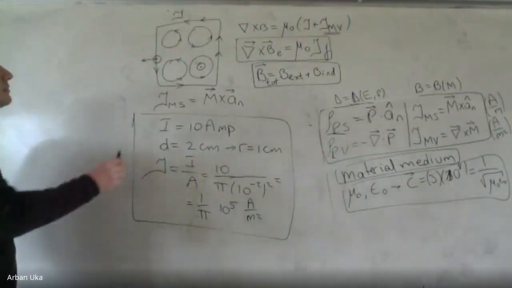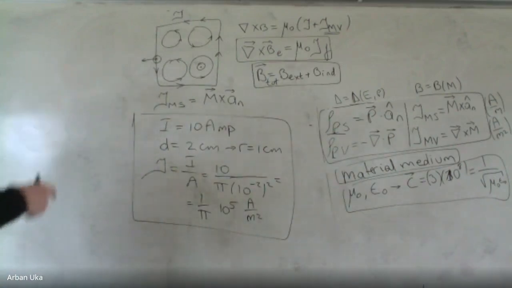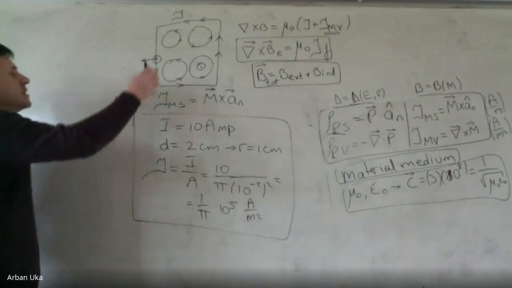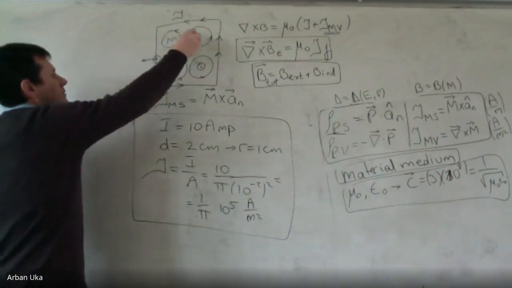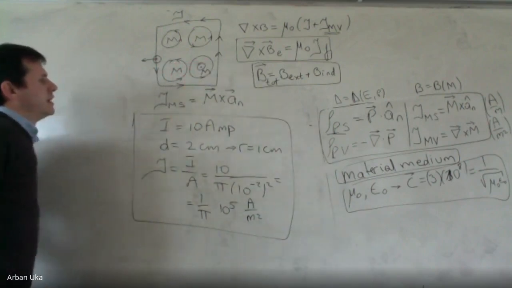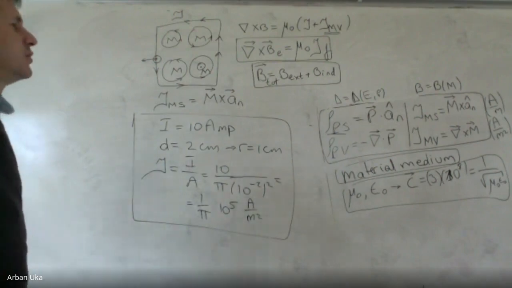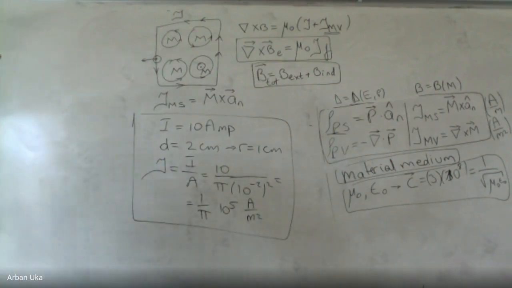We have the same material, and apparently there are some effective small currents looping around locally, and the magnetization. Let's assume that it's here M, M, M, M. Now, if the material is uniform, which means that the magnetization will be the same everywhere, then this B induced will be equal to 0.